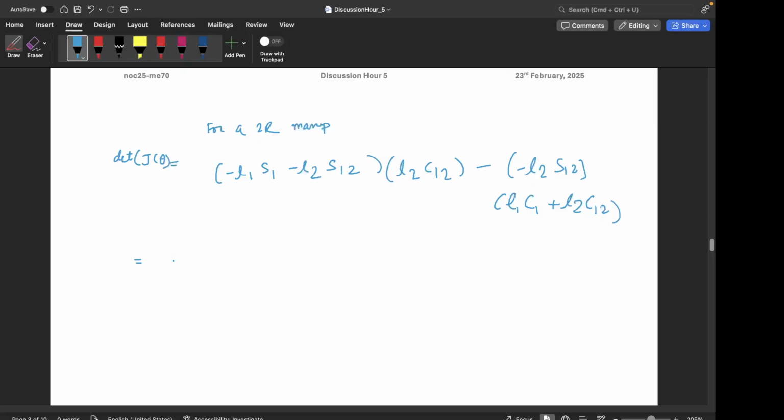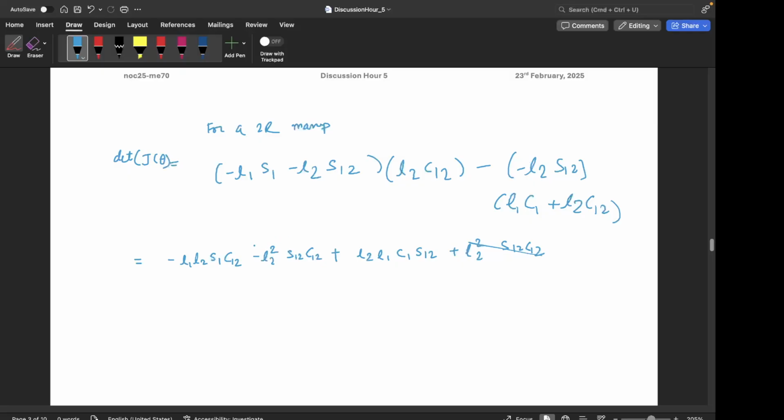And then this will be minus L1 L2 S1 C12 minus L2 square S12 C12, and then it will be plus L2 L1 C1 S12 and plus L2 square S12 C12.